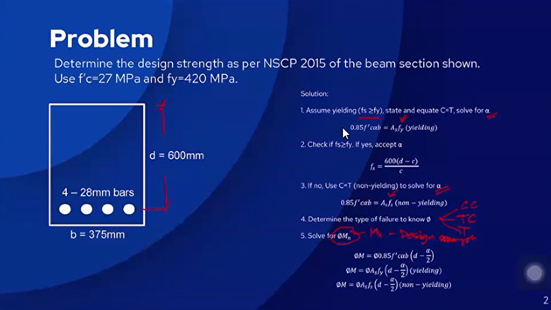Okay, so let's try to solve the problem. So first we assume your stress block and your strain diagram. So this is the value of D. This is the value of B. So let's assume that this is the neutral axis.